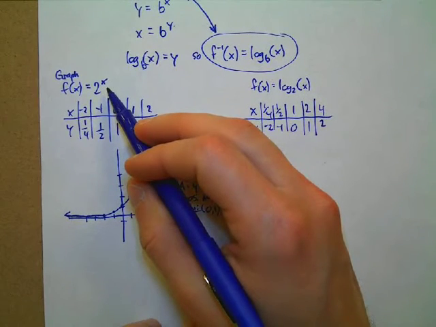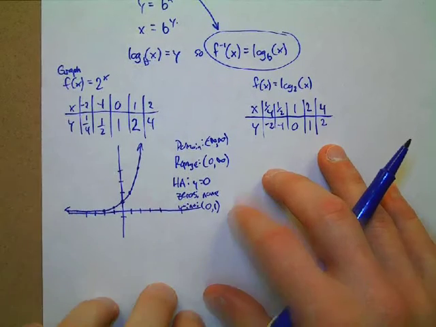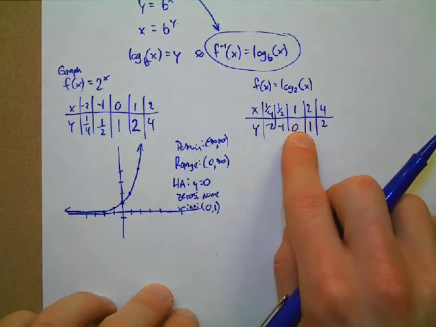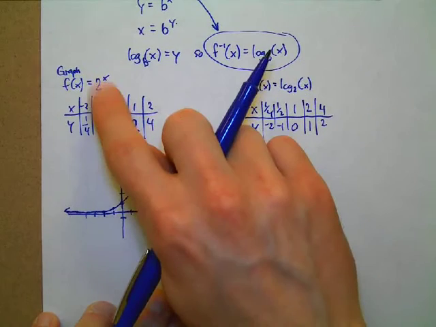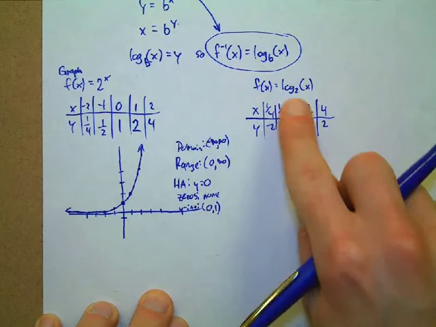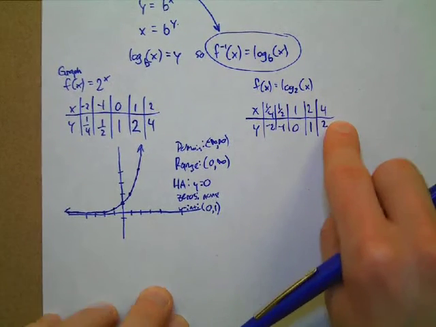Create your little table, and then just swap the x and y values, and you'll have points for log base 2 of x. That's it. So let's see what this is going to look like.